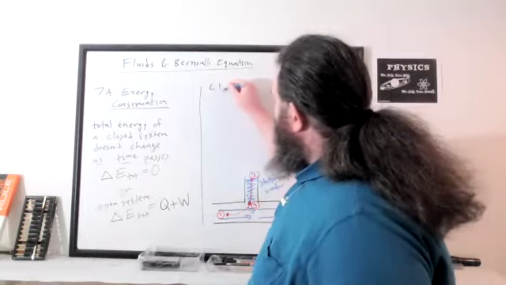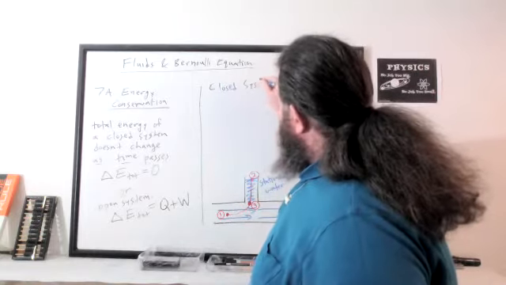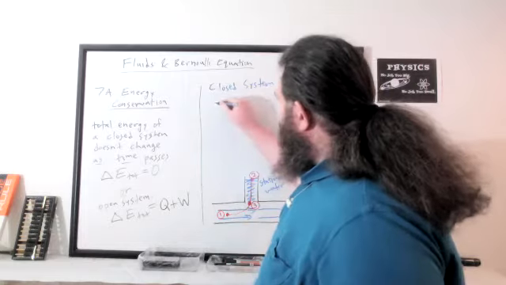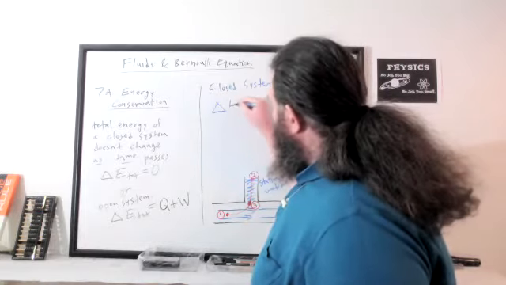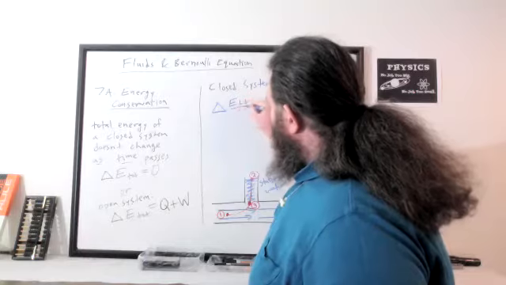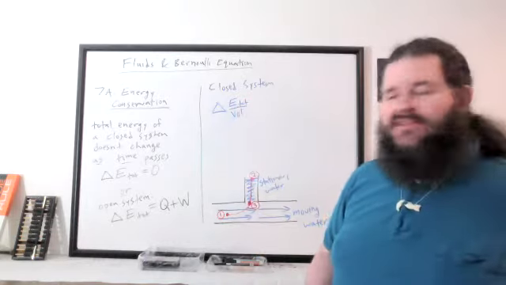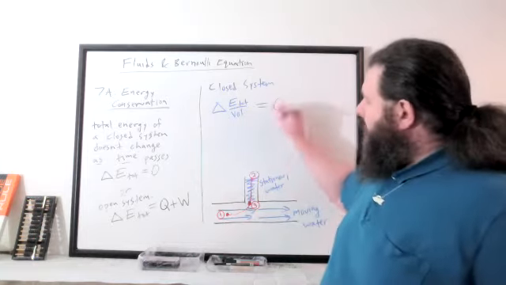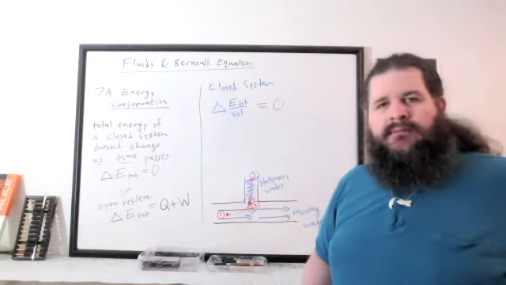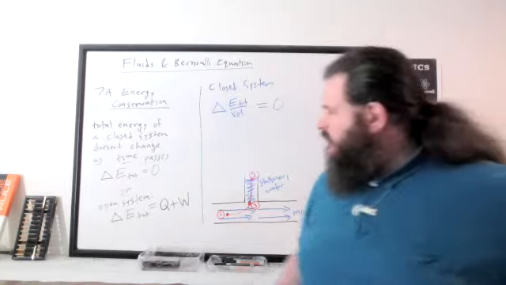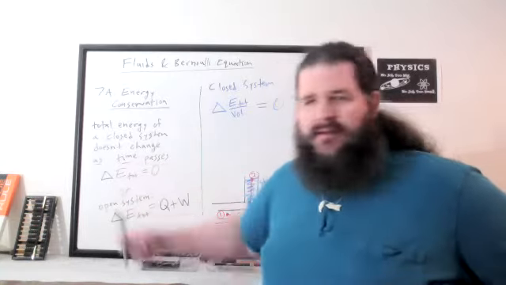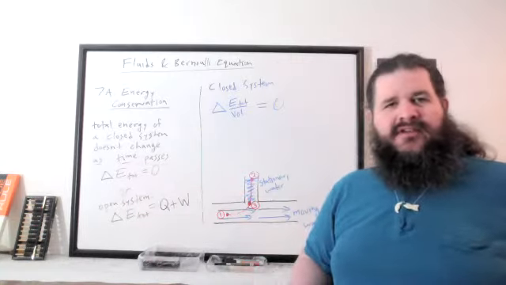So for a closed system, we've got delta E total over volume. That is the change in total energy density equals 0. And we've got to be careful about these deltas here, because usually for time passing, delta means what? What is delta, or how is delta usually written out?